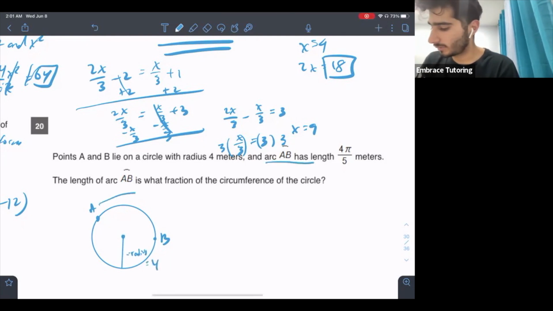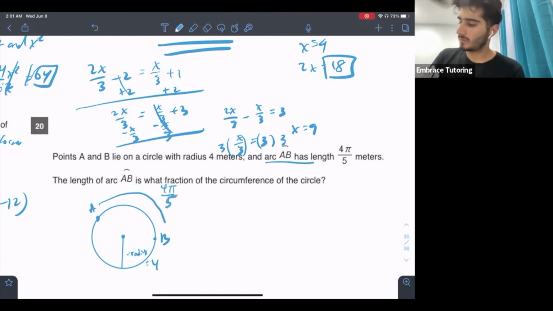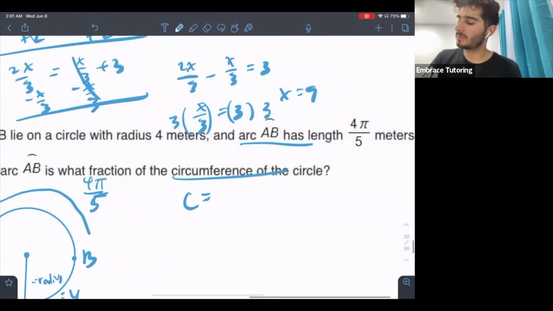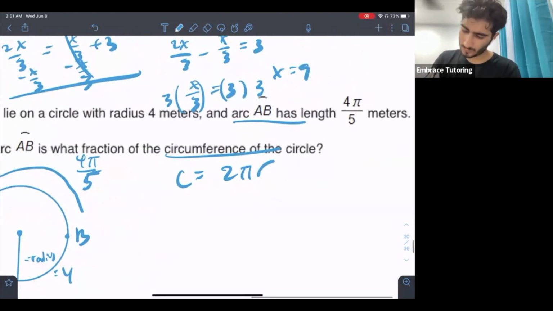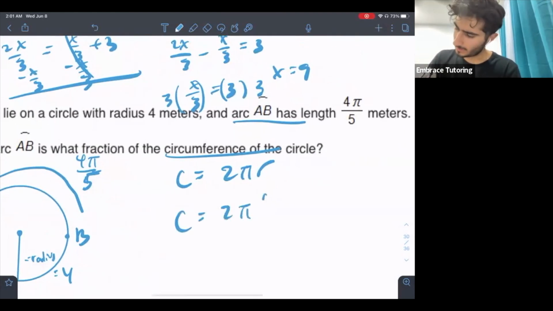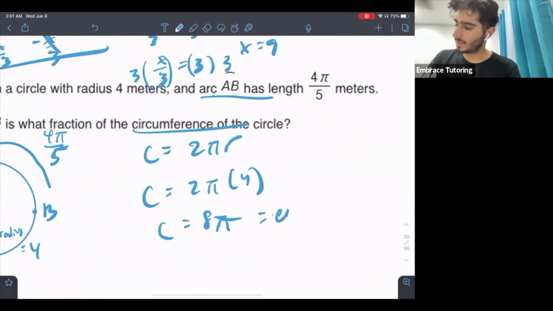Now the arc length is 4 pi over 5. The length of arc AB is what fraction of the circumference? So the circumference formula is 2 pi r. We can do C is equal to 2 pi times the radius, which is 4. C is equal to 8 pi. And that's the entire circle.